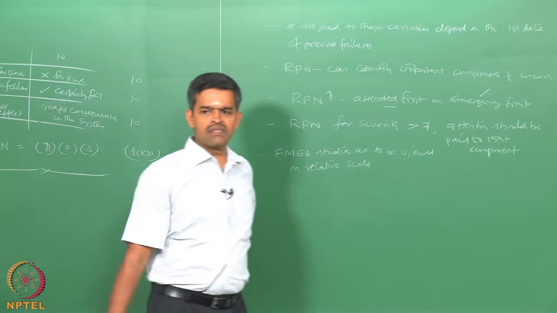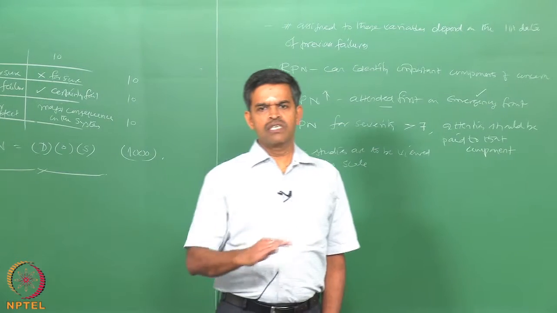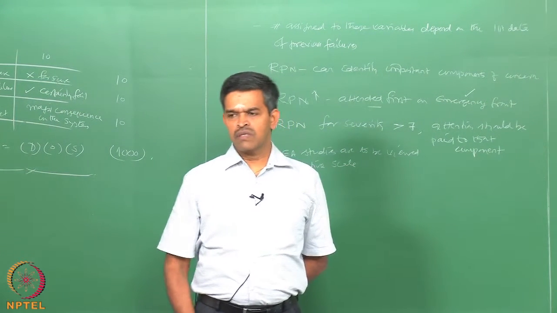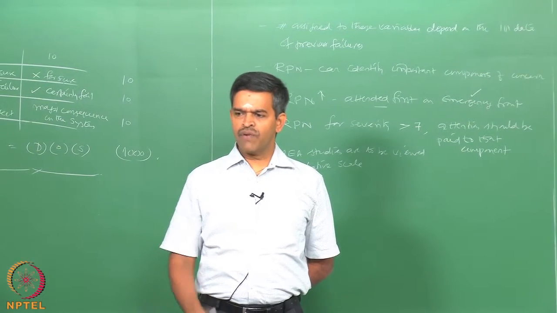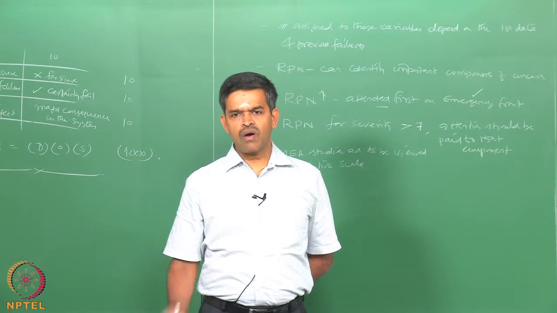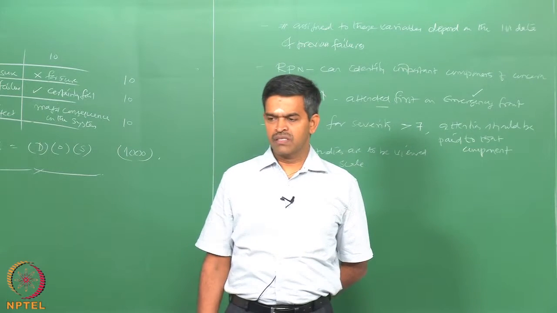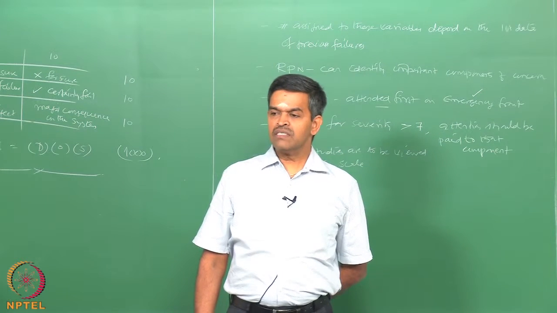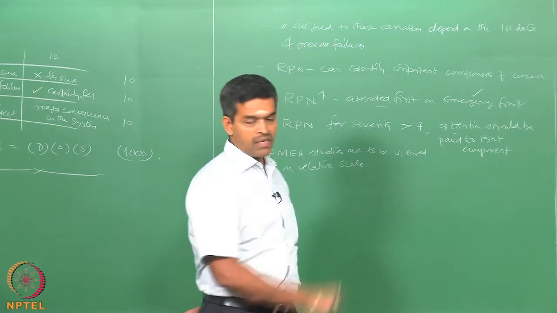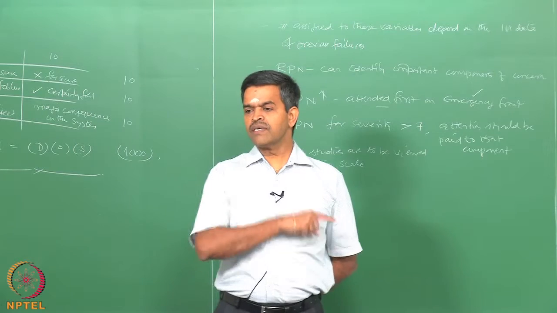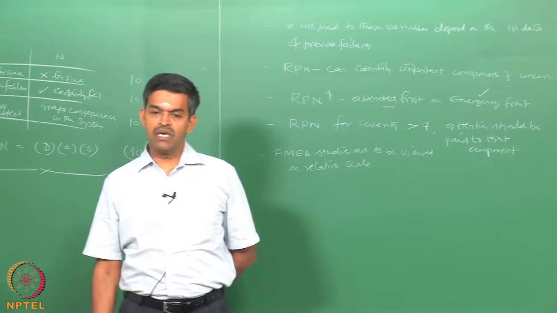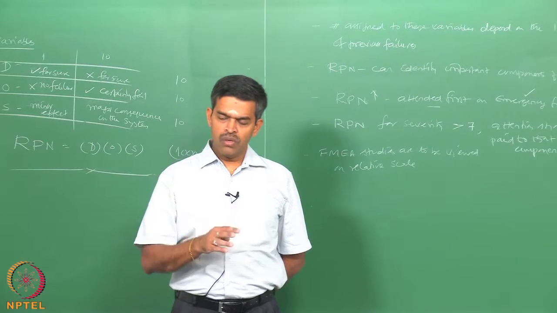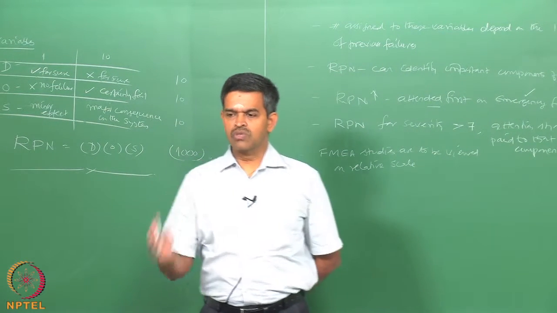FMEA, as we saw in the last lecture, are prepared in a worksheet form where we write down the functions of the process, the possible failure modes, the effects, the severity, the occurrences and detection possibilities in single spreadsheet, which I will show you just now. Once the actions are implemented, corrective measures are taken, then FMEA is reconducted again on the same system just to see how RPN number has now been changed, improved from the earlier scenario to the new scenario.